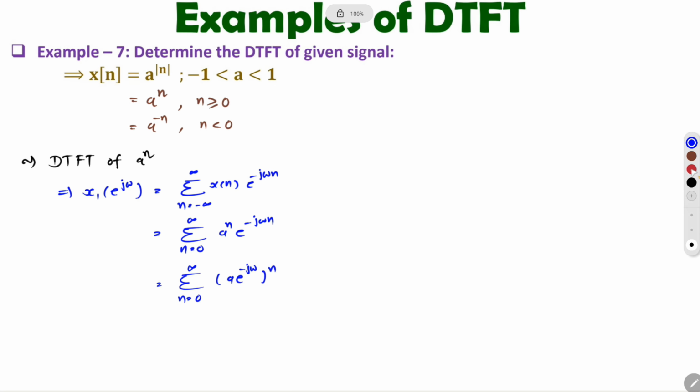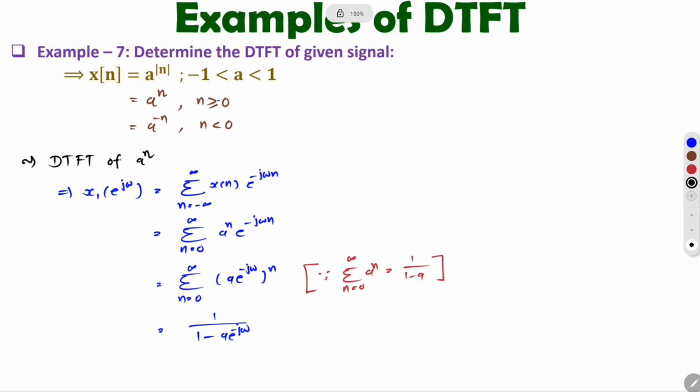One should know, if you have summation where n is ranging from 0 to positive infinity of a to the power n, then the result is 1 divided by 1 minus a. Now if you apply this rule over here, then we can simplify this DTFT. So here we will have 1 divided by 1 minus, instead of a, now we have e to the power minus j omega. So this is the DTFT of the positive range.